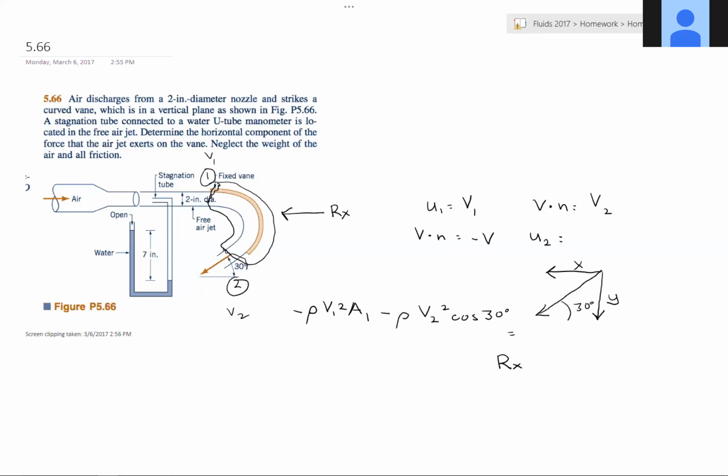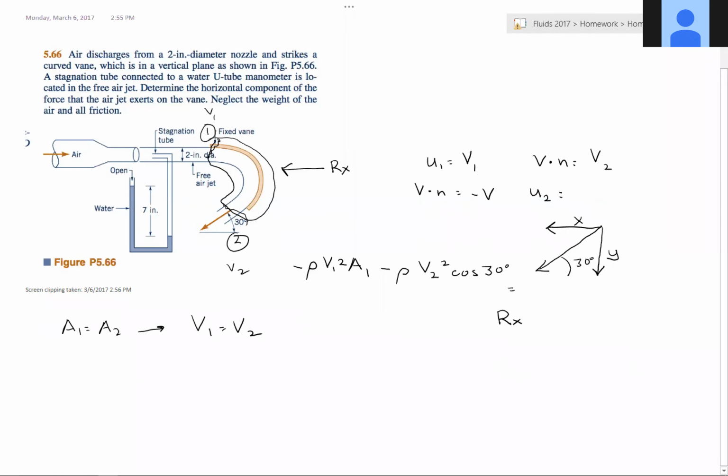So you said they're equal, yes. So what that means is if the areas are equal, since A1 equals A2, therefore V1 equals V2. And so now we've found that. The problem is we don't have either V1 or V2, even if they're equal. So how are we going to find that?